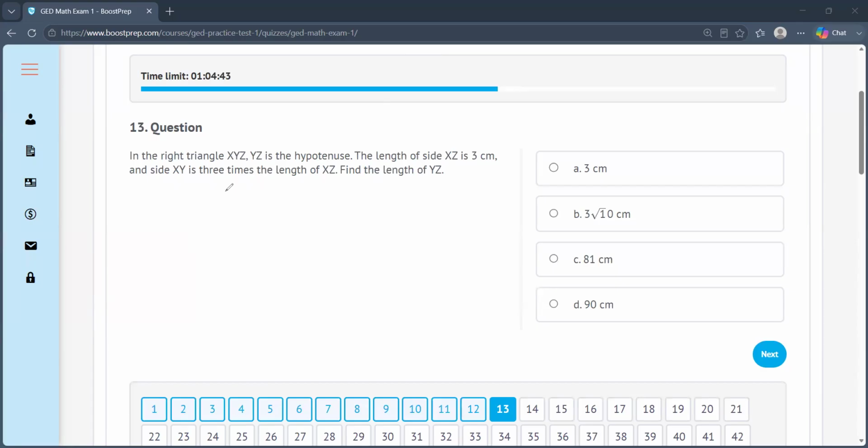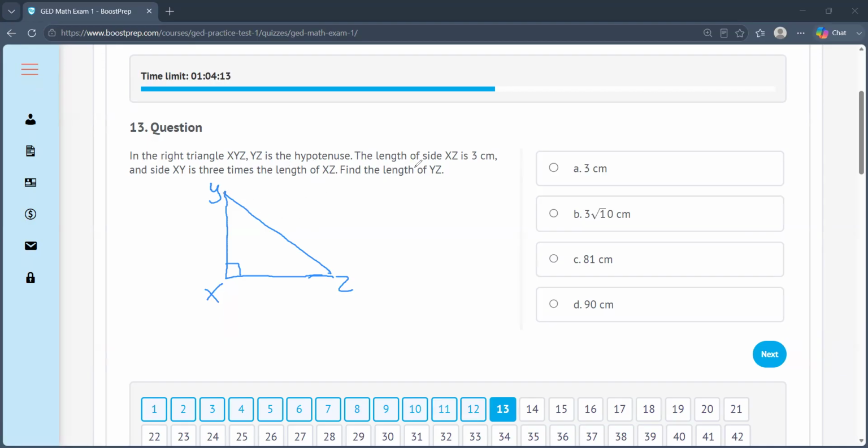So imagine we have a right triangle like this. Put this little box symbol to represent a right triangle. They are specifically saying that YZ is the hypotenuse, so you could put Y here and Z here. And then I guess you have no choice but to put X here, because it is triangle XYZ.